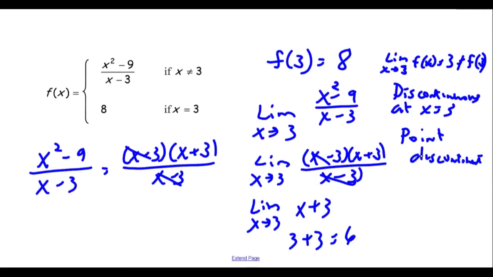You can only factor out what you want it to be still okay. We call it a point discontinuity, which is not equal to our function value.